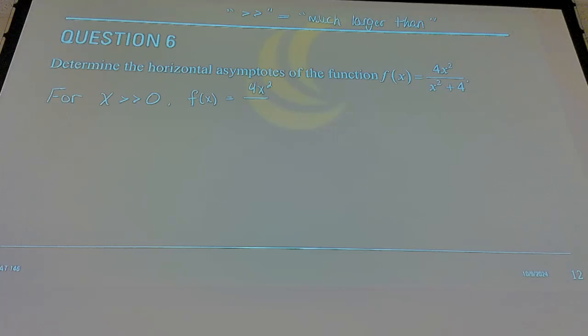That 4 is kind of negligible. So for extremely large values of x, we can say the function behaves as 4x squared over x squared, which is what? Which is just 4. y equals 4 would be a horizontal asymptote.